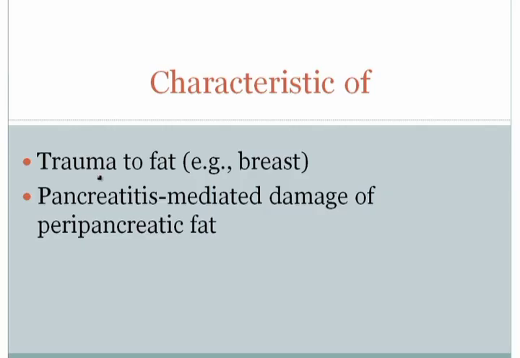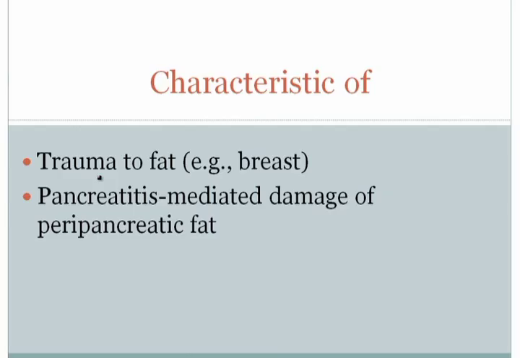It's also important to be aware of fat necrosis in the breast because one of the findings in mammography is calcification. That's one of the abnormal findings. And the presence of calcification is sometimes an indicator of ductal carcinoma in situ.